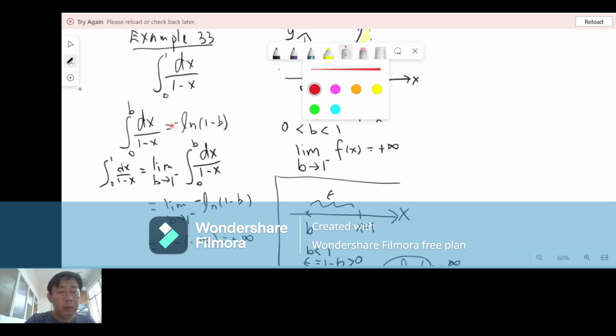In the second step, we take the limit of b going to 1 for the expression of this integral in terms of b. We have shown that the limit of the integral is divergent to positive infinity. This shows that the integration between 0 and 1 is divergent. Therefore, it does not converge.